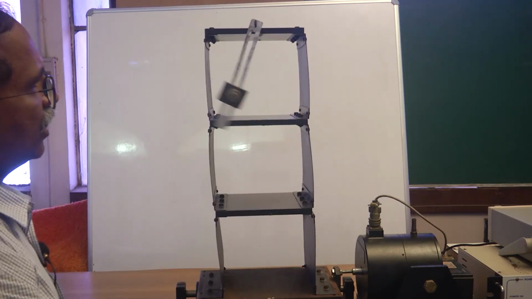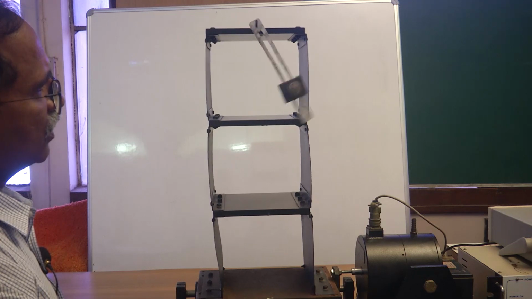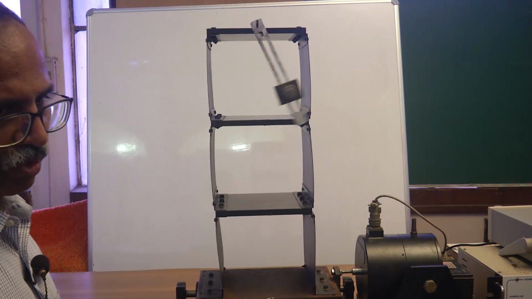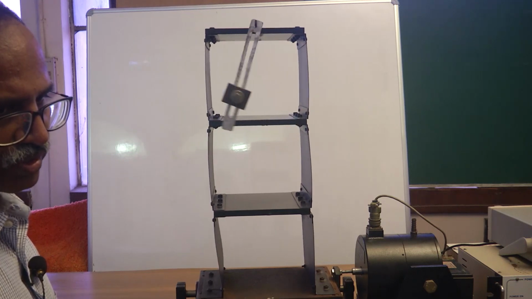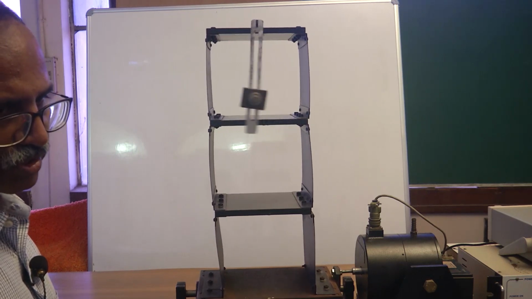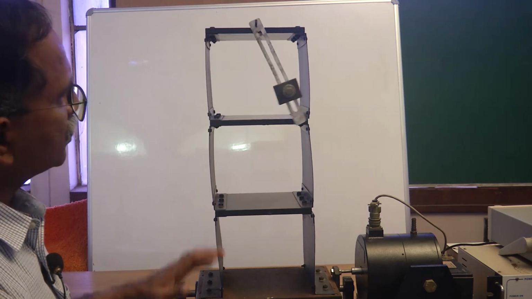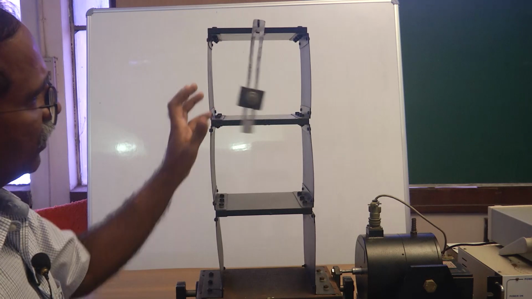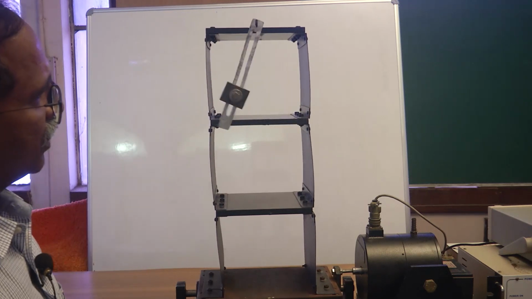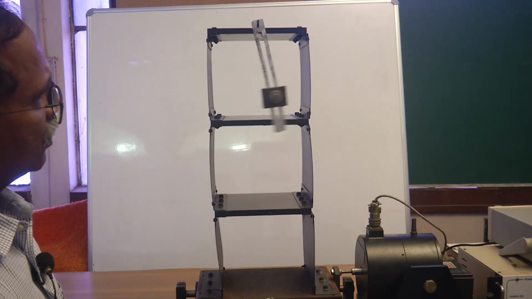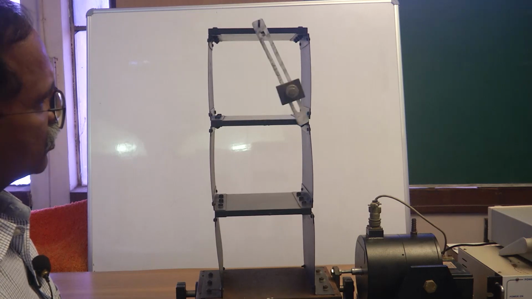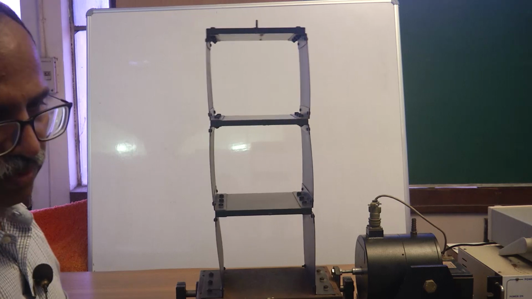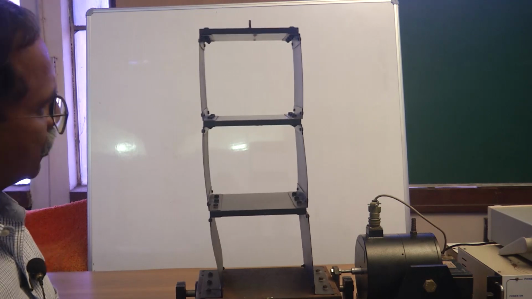The moment I attach this pendulum, the pendulum swings with large amplitudes, but the building's vibrations are almost becoming 0. If you tune it perfectly by shifting the mass here and there, this is an approximate position of the mass, but you can see that if I remove this, the vibrations are much larger than when the pendulum was there.